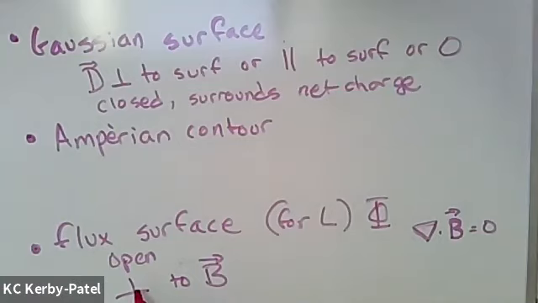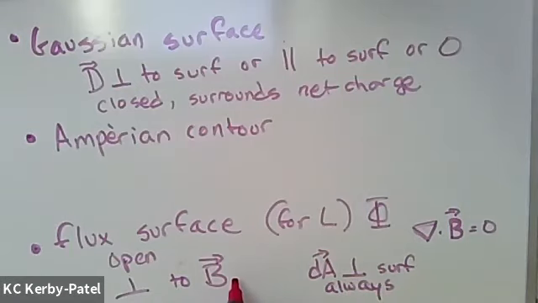That's the same as being perpendicular to the surface, because the dA vector is always perpendicular to the surface. That's part of how you define the dA vector. It's a property of that vector. So the surface should be perpendicular to the magnetic field so that your magnetic field actually goes through it.